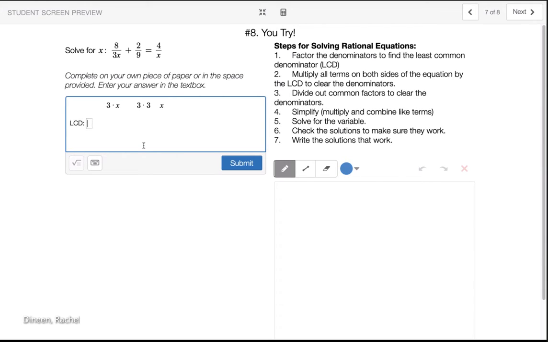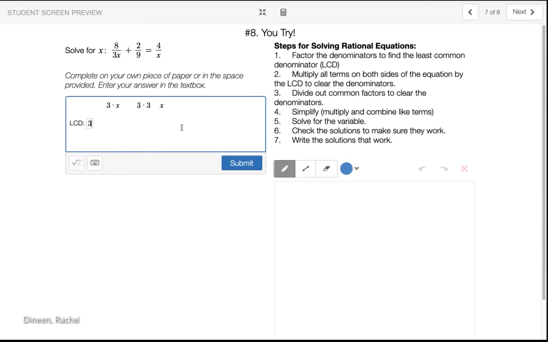All right, LCD. What should I do first? Go ahead and feel free to share it out. Those are the factors of the denominators. So what should I write first? Anyone?